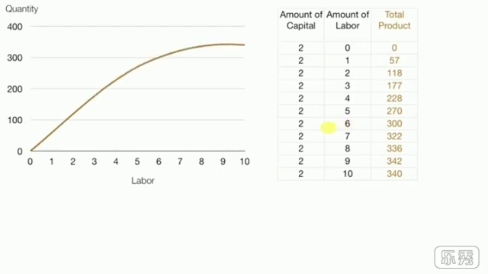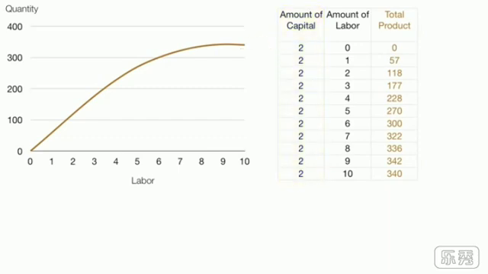For example, if my amount of labor is 6, my total product or my quantity produced will be 300. So the brown line is the total product curve, and the brown numbers represent the curve. Again, my amount of capital is fixed at 2.